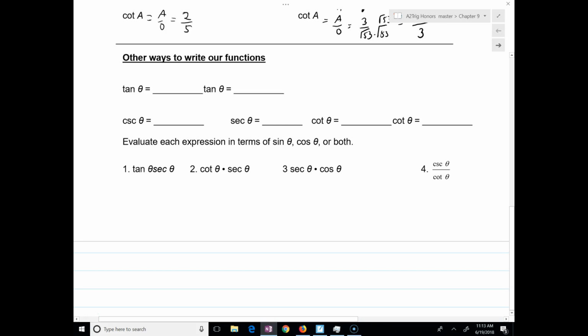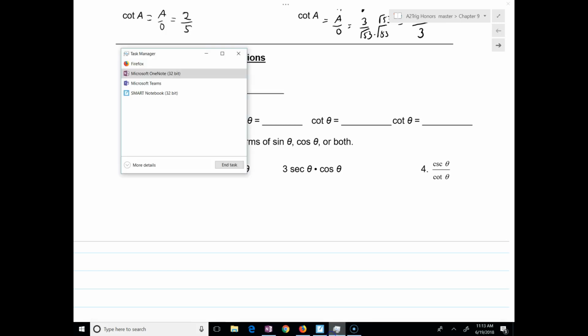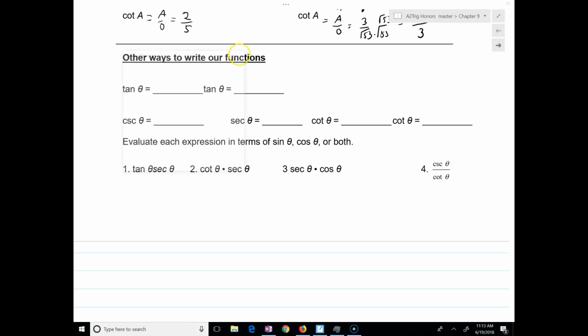Alrighty. You'll notice that tangent has been written in other ways. If we look at tangent, it's sine of theta over cosine of theta.